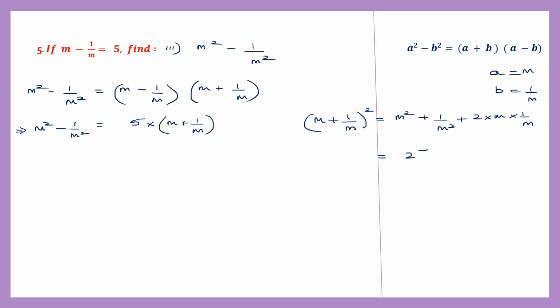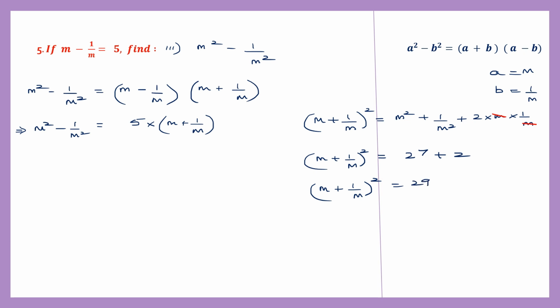So this is 27, and here let's cancel and see. I can cancel m and m, so here it is 2. So (m + 1/m) the whole square is 27 + 2, which is 29.